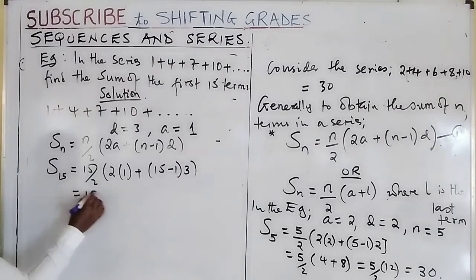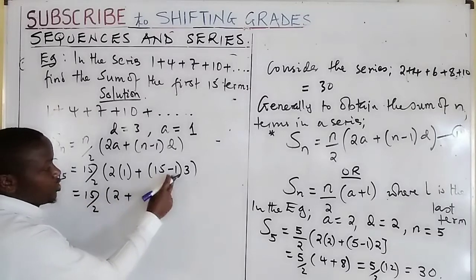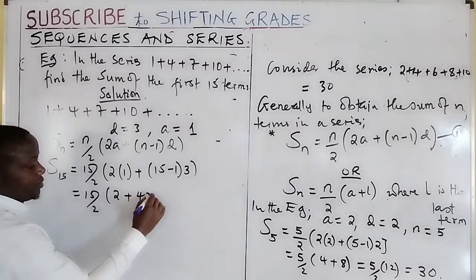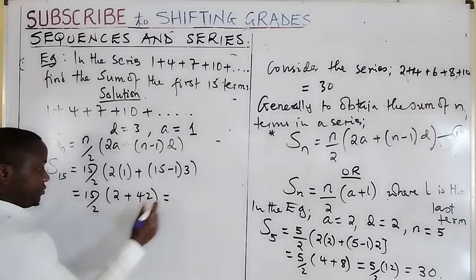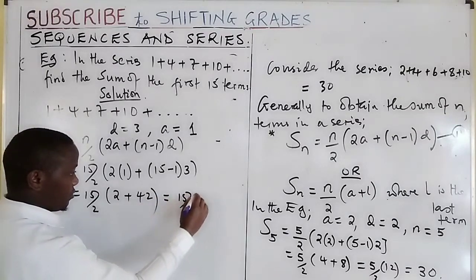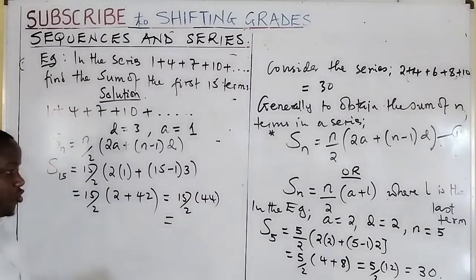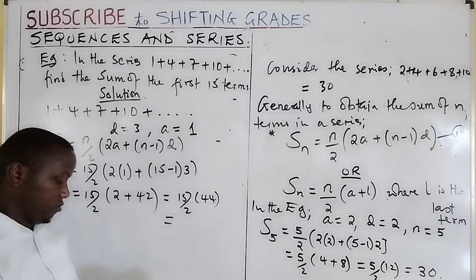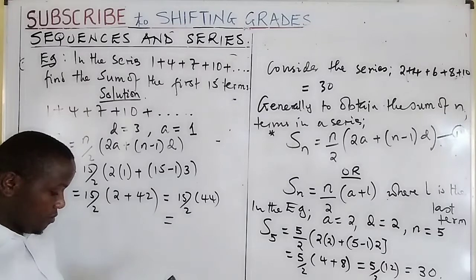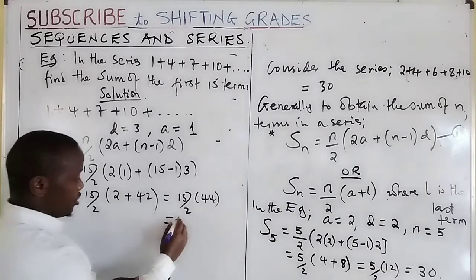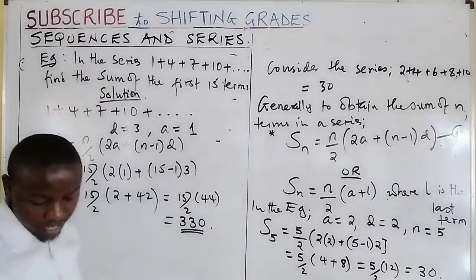This will be 15 divided by 2 into 2 plus 14 times 3, 42. Therefore this will be 44 over 2, which is 22, by 15. So we will have 22 multiplied by 15, which is 330.